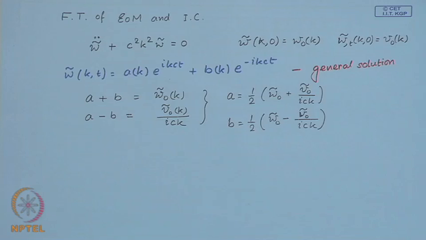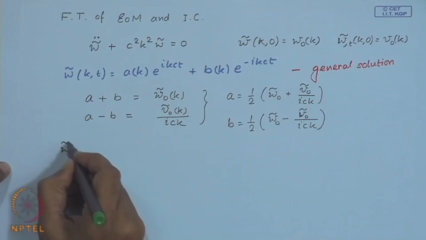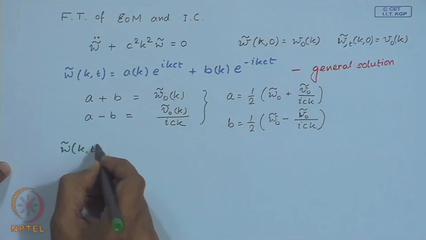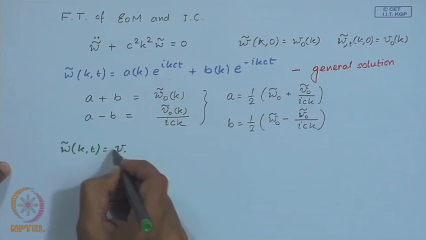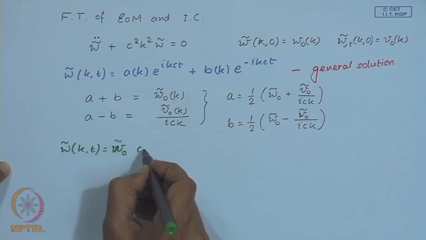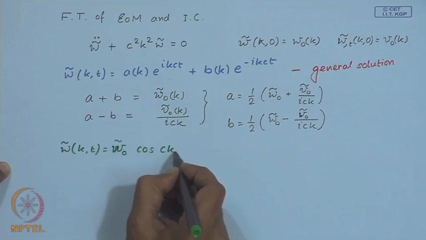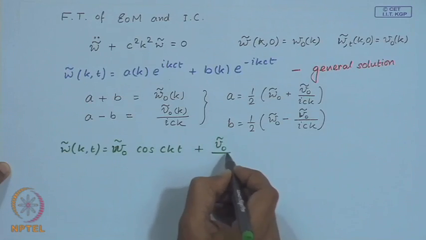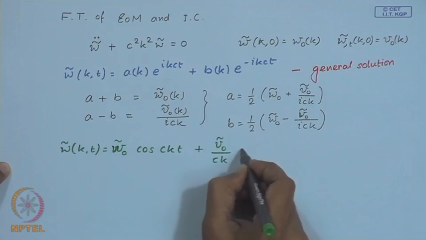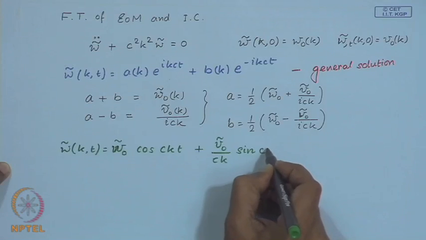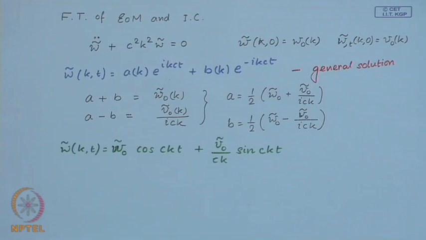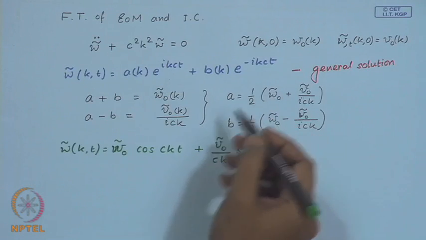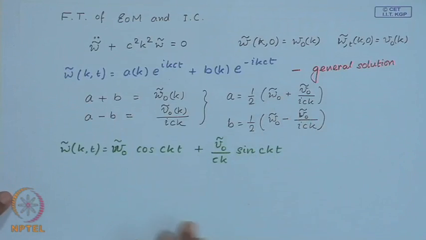Once we have solved for a and b, our solution can be written like this, which can be easily obtained by substituting this in the general solution and simplifying.